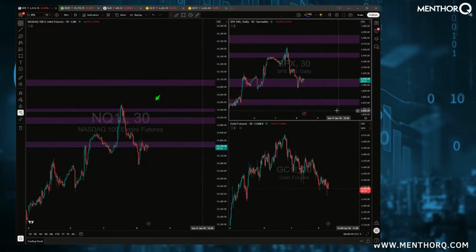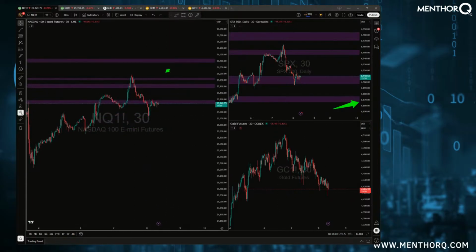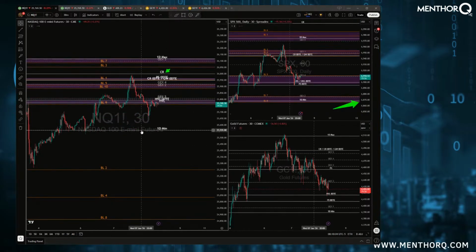Look at this, guys. We have a box on SPX around 6,870. And here, as I was saying, we have no box, but if we add our levels again, we have our one-day min, which I won't map out now. So let's hide the indicators again.